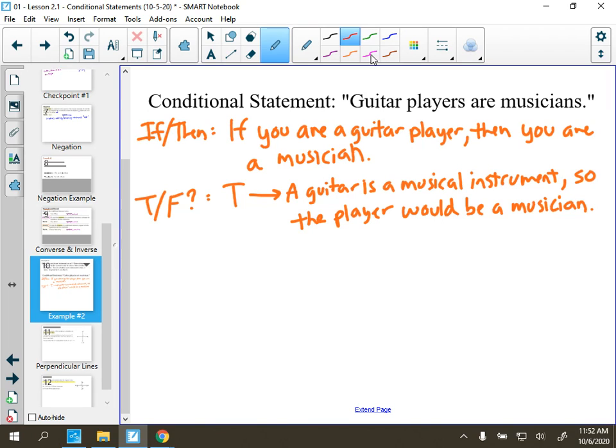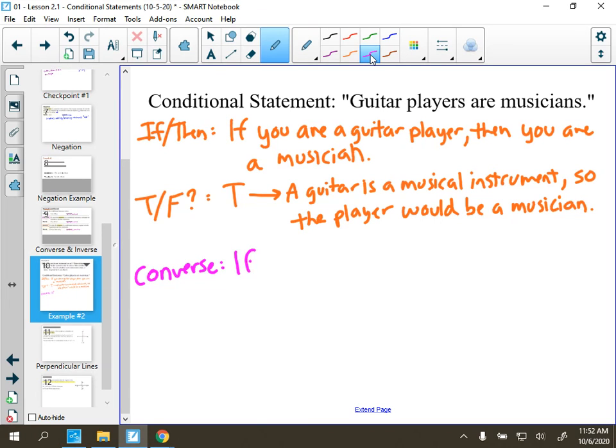So the next thing it asked us to do, and you can scroll back up, but it asked us for the converse of our statement. So just make sure we're always going back up to the original if-then. And we said the mechanics of a converse is switching our hypothesis and conclusion.